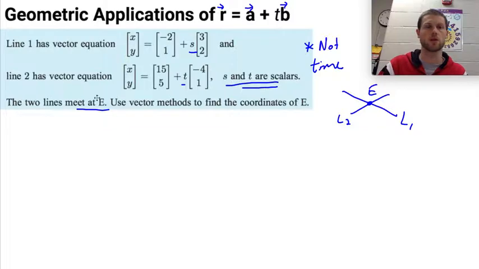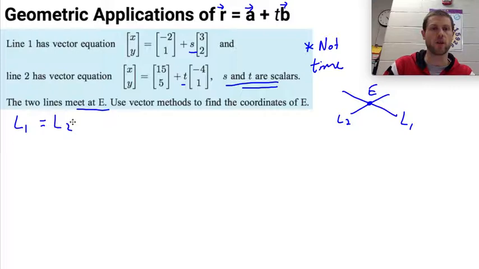So basically what that means is we're looking for when line 1 equals line 2, when the position vector of line 1 equals the position vector of line 2. So what I can do is the position vector is written as the vector -2 plus 3s for the x, and then 1 plus 2s for the y.